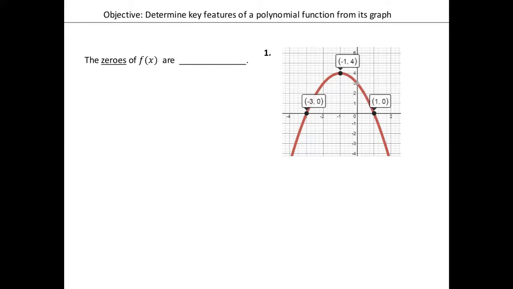Remember again, it's where it crosses the x-axis. So my x-axis is crossing at -3 right there and at the 1. So my two zeros are just the x values: -3 and a positive 1.